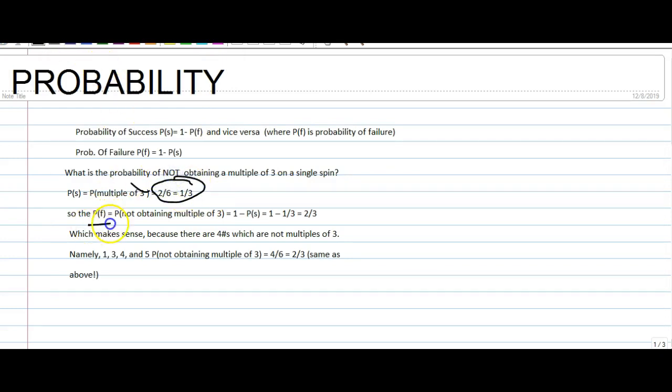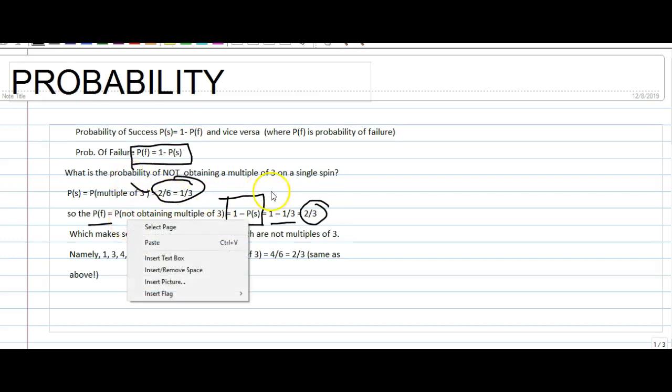So the probability of failure, or the probability of not obtaining a multiple of 3, would be equal to 1 minus the probability of success. So that would be 1 minus 1/3, which is 2/3. The probability of failure is equal to 1 minus the probability of success.